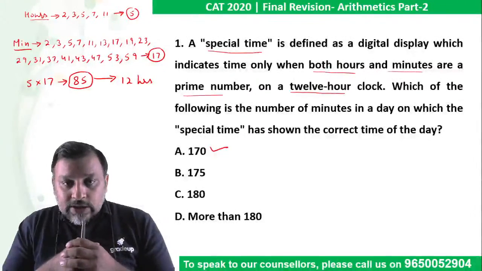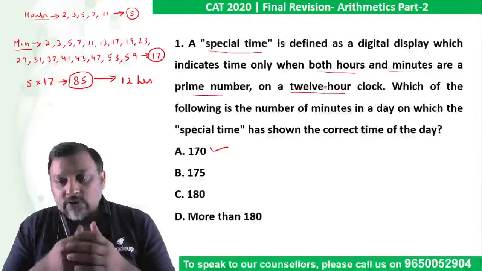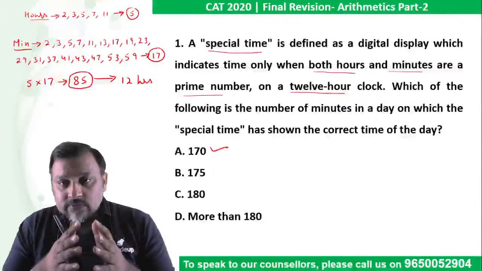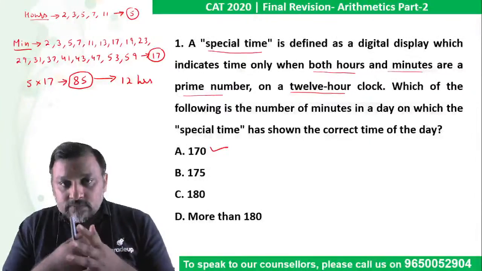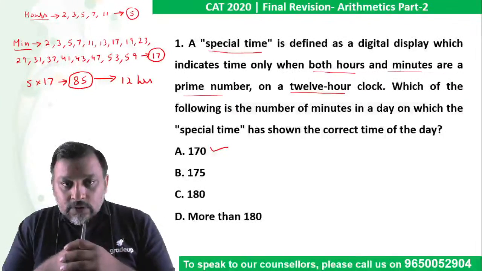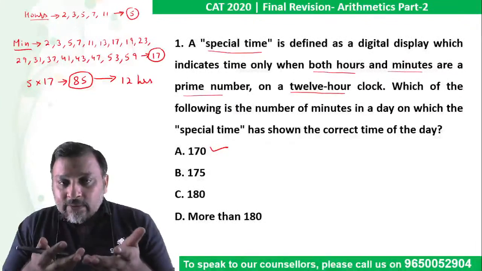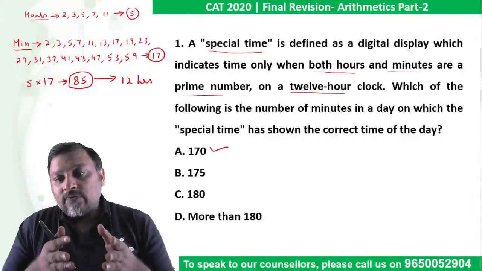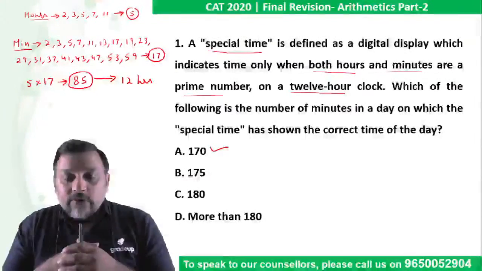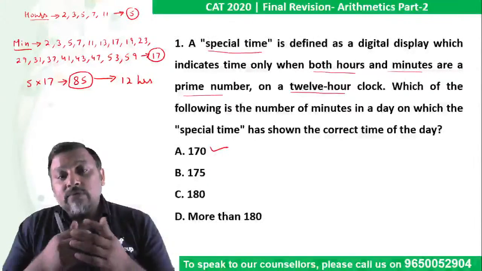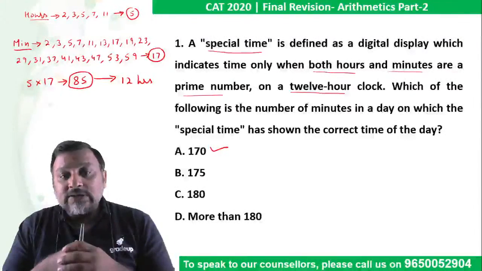Himanshu and Ayush, the answer is A, 170. I am multiplying it by 2 because this is the number of times in 12 hours. So in one complete day, it will happen 85 into 2, that is 170 times.